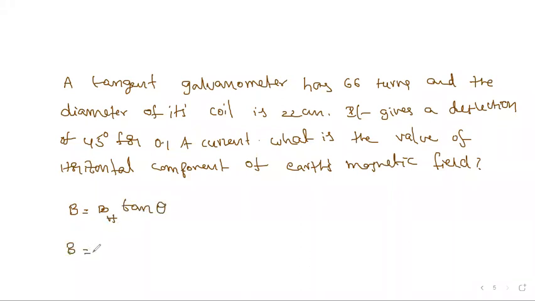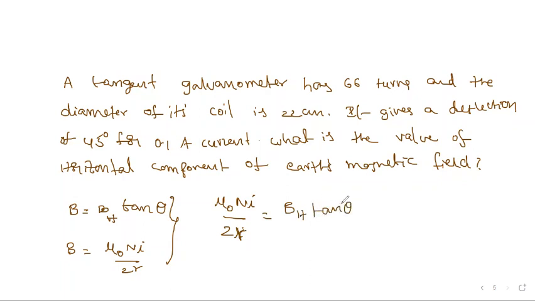At the same time, due to a circular coil in a tangent galvanometer, what is the magnetic field formula? That is mu naught Ni by 2R only. So we can just equate both of them. Here the magnetic field is produced by the circular current carrying coil only. That is mu naught Ni by 2R, which is equal to BH tan theta. By substituting all these values, you can get the value of BH.